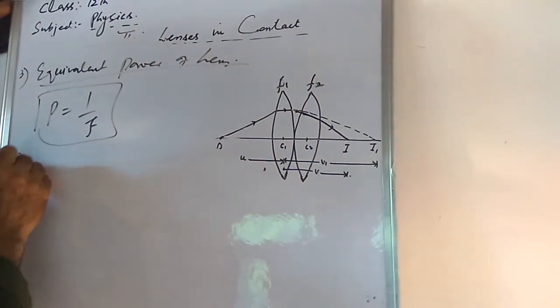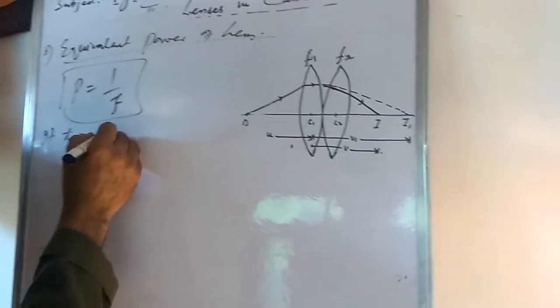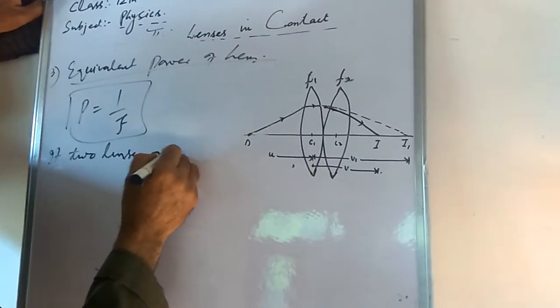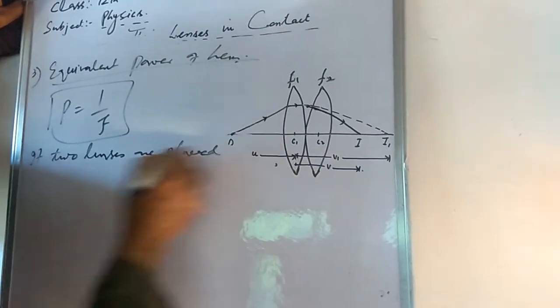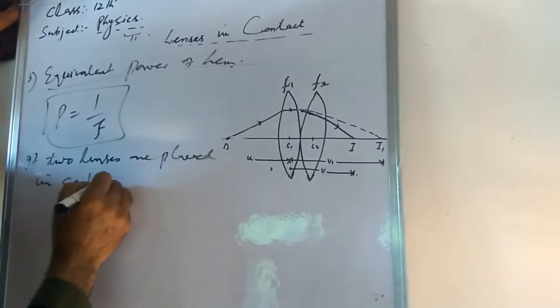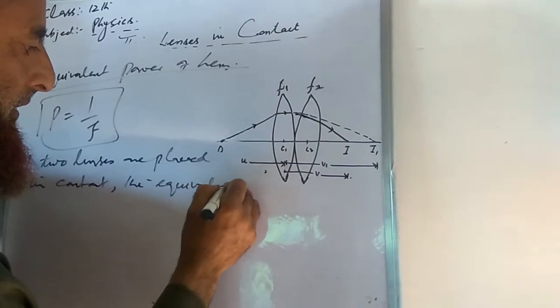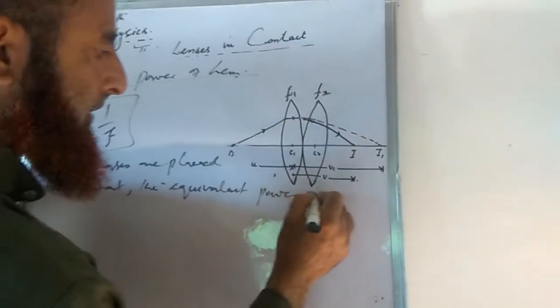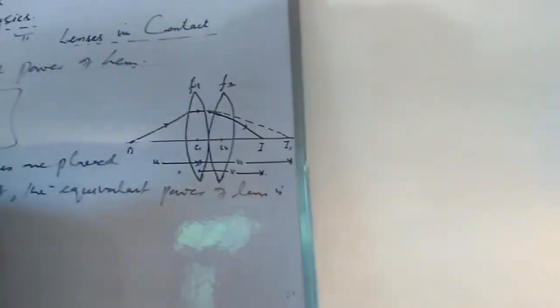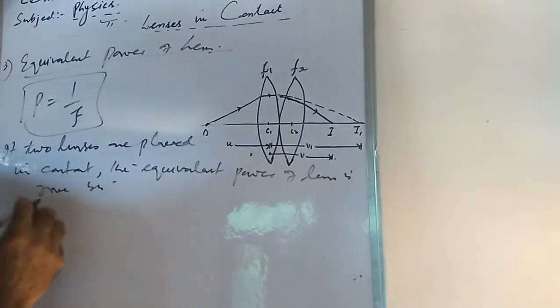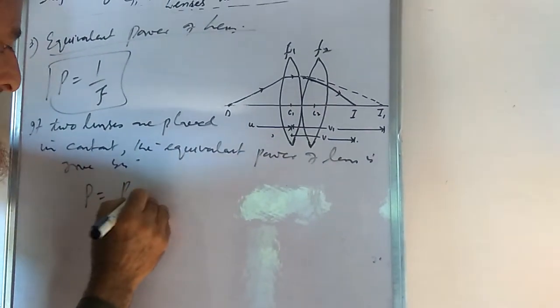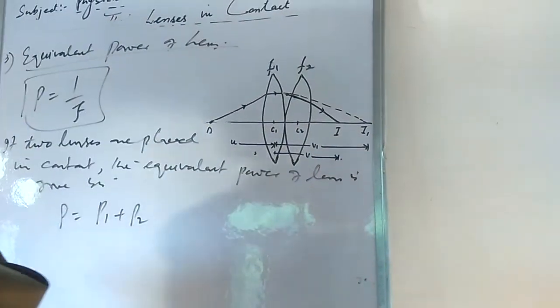Now if two lenses are placed in contact, then the equivalent power of the lenses is given by P is equal to P1 plus P2.